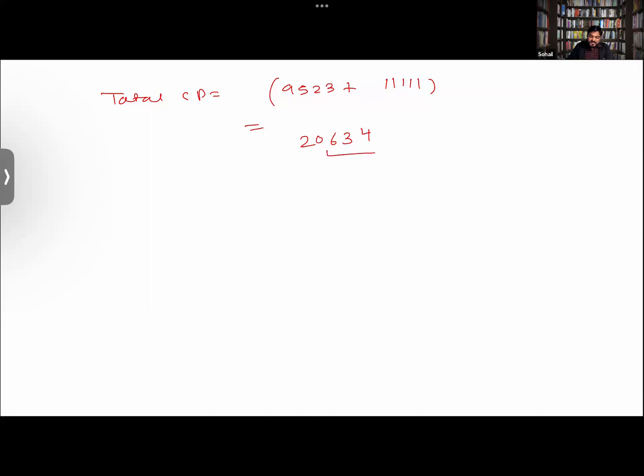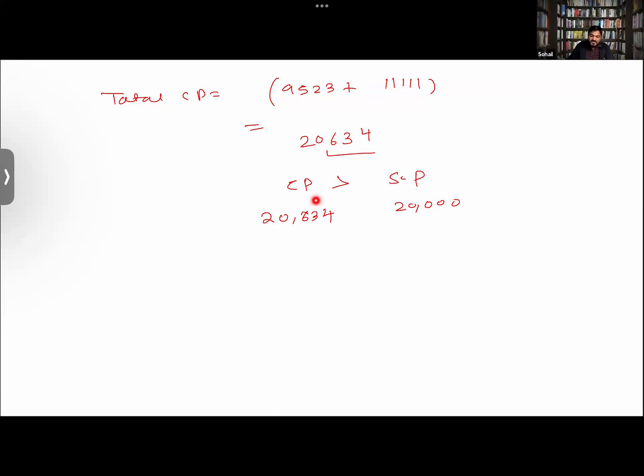So as you said, 634 rupees is the difference over here. So we can clearly see कि यहाँ पर cost price is greater than the selling price, because cost price is 20,634 while the selling price was just 20,000 rupees. So hence there is a loss now.